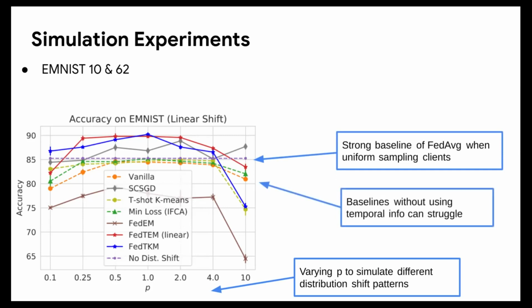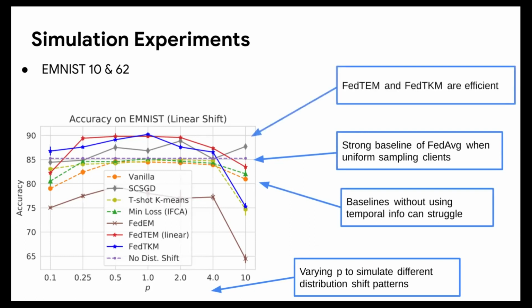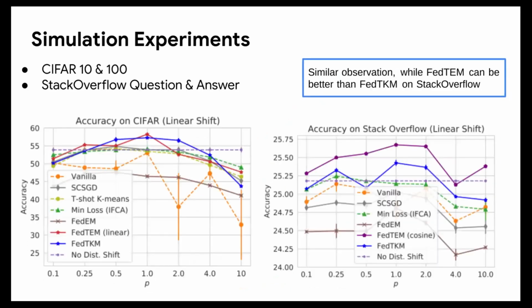A lot of baselines without using temporal information struggle when the periodic distribution shift is present. The 2 proposed algorithms are effective in this case when we have access to temporal priors.